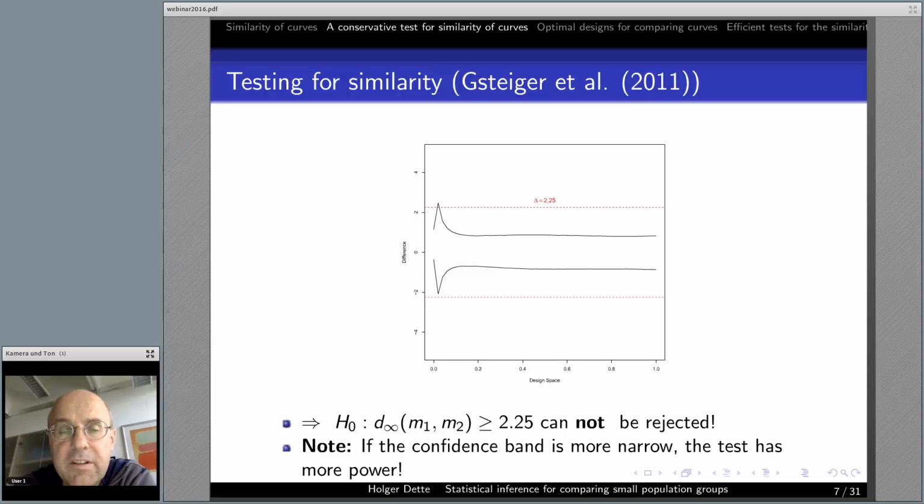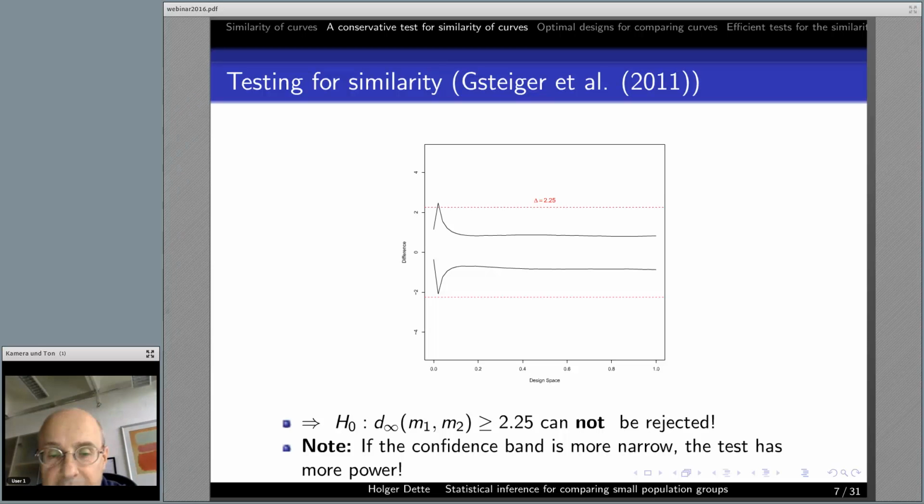Now what we see is that this confidence band is not contained in this rectangle. This means that we cannot reject the null hypothesis that the maximum deviation between the two curves is larger or equal than 2.25, which is a pre-specified constant.